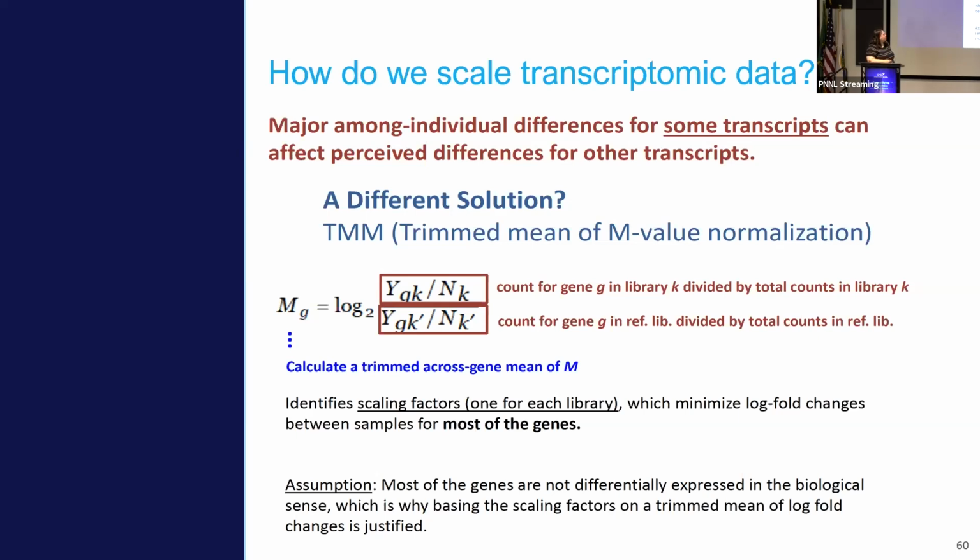And then if we have some sort of reference library, then we can take the count for that divided by the total counts in your reference library. So basically, you're normalizing to a reference library. In this case it would be a single sample that you trust more than any of the other samples for some reason. So sometimes in experimental designs, people will choose the control samples to be their reference library to normalize everyone to.